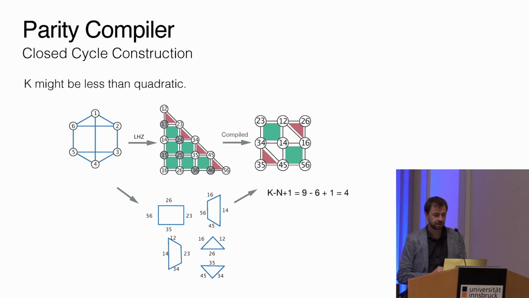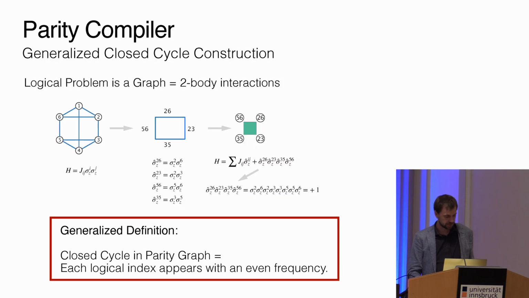And this is something that would be called a compilation. So this means how can we reduce the number of qubits if we have not an all-to-all problem but less than all-to-all. And before I show the compiler, let me just rephrase everything that I said in one slide.